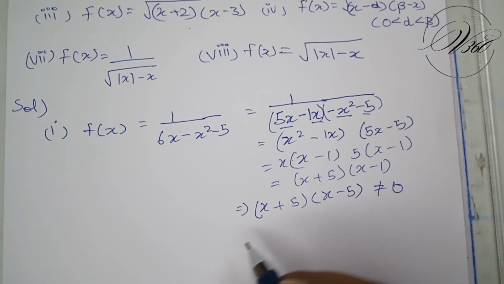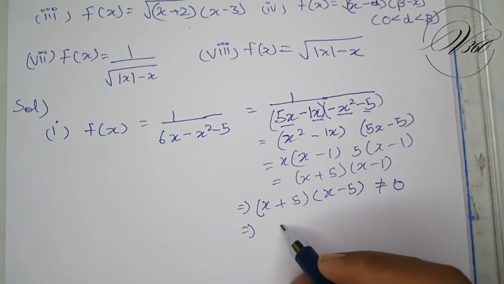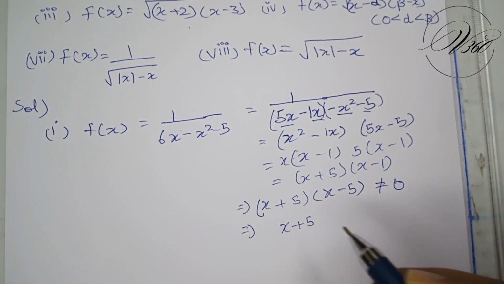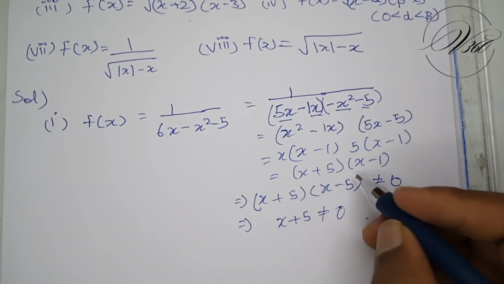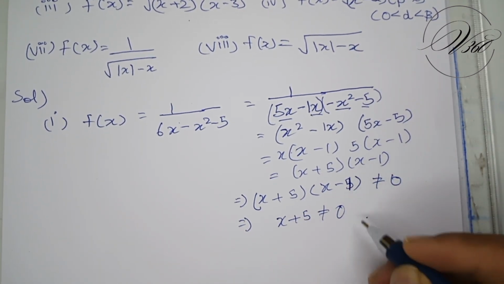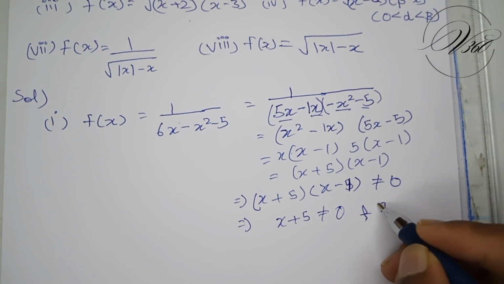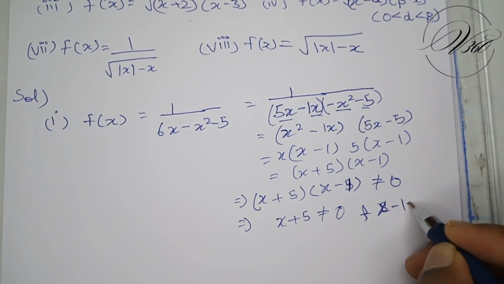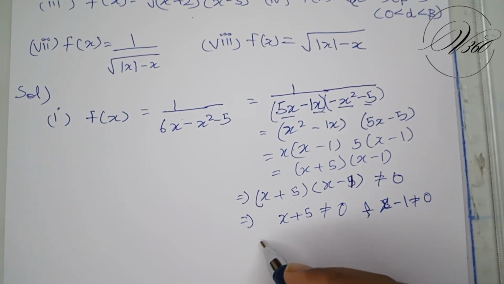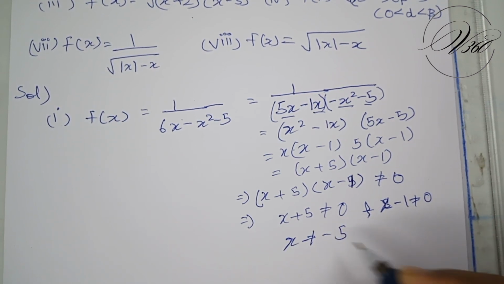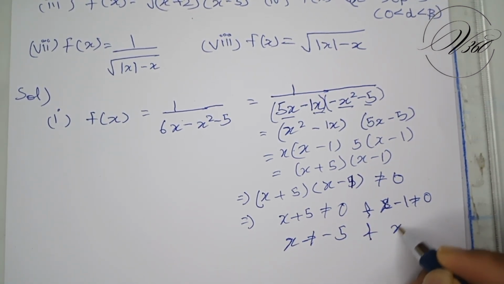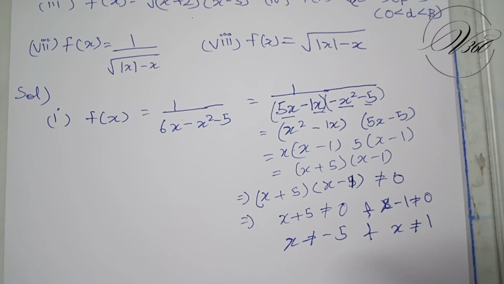Then x plus 5 not equals to 0 and x minus 1 not equals to 0, then x is not equals to minus 5 and x is not equals to 1.